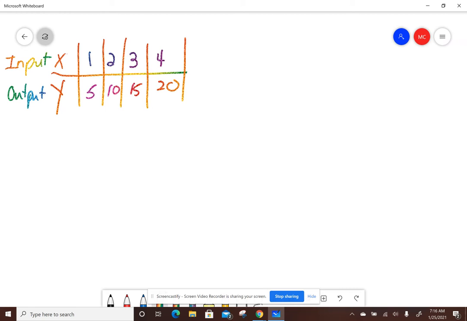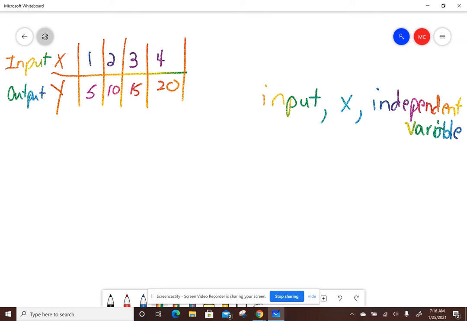Okay, all of your X values, the set of all your input values or your X values. Remember, input is the same as X. It's also your independent variable. Okay, these are terms you have to know. All of your X values together is called your domain. So the domain is all of your X values.